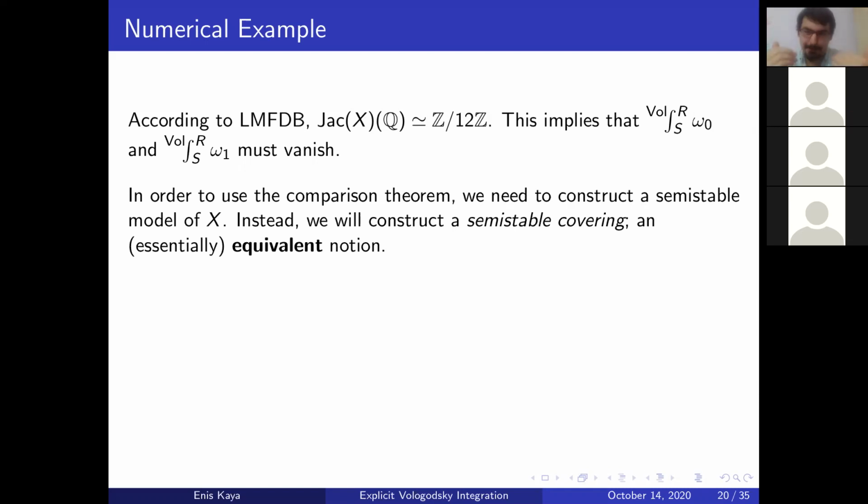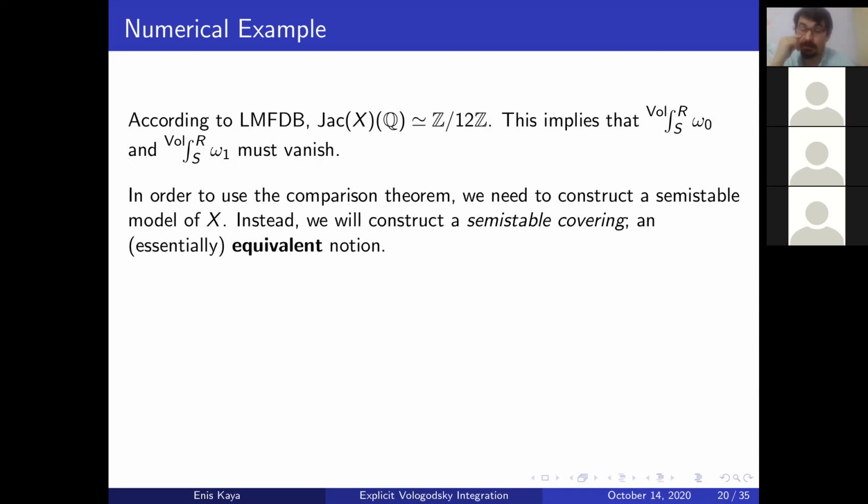And surprisingly, most of the time, constructing a semi-stable covering is easier than constructing a semi-stable model. And actually, I know that there are some papers in which the authors construct semi-stable models of some complicated curves by actually computing semi-stable coverings and using the relation between the two. So, I mean, this is an important step.